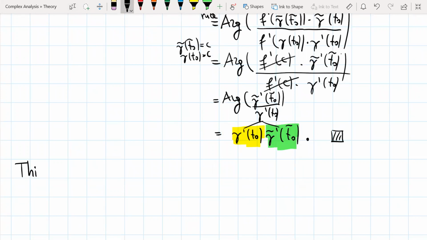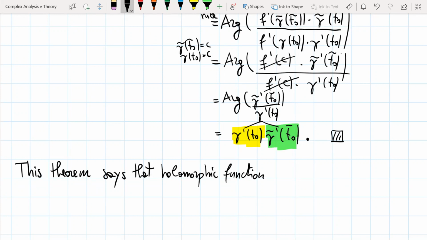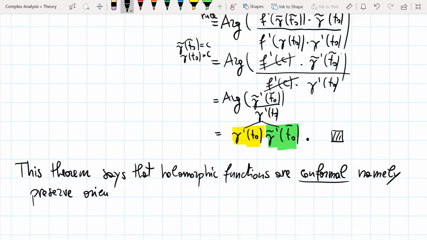So this theorem says that holomorphic functions are conformal, namely preserve oriented angles.